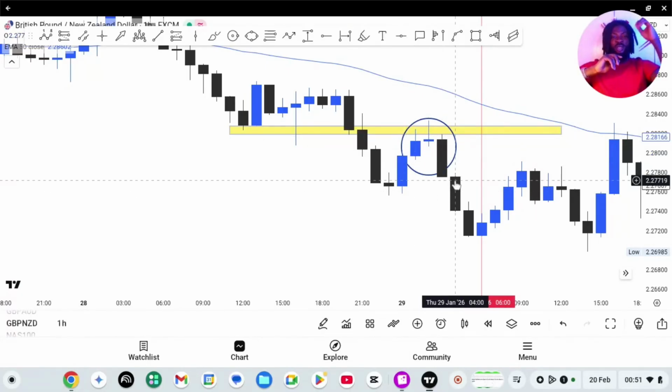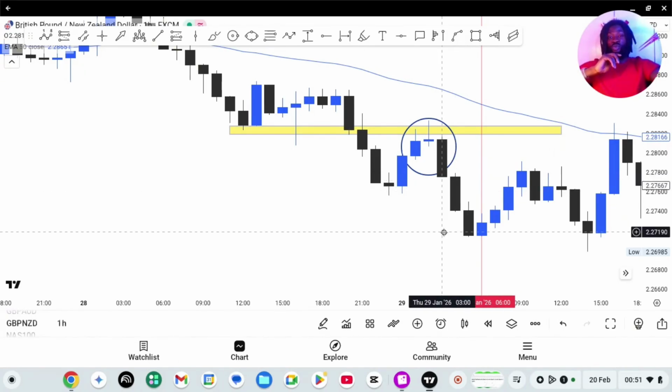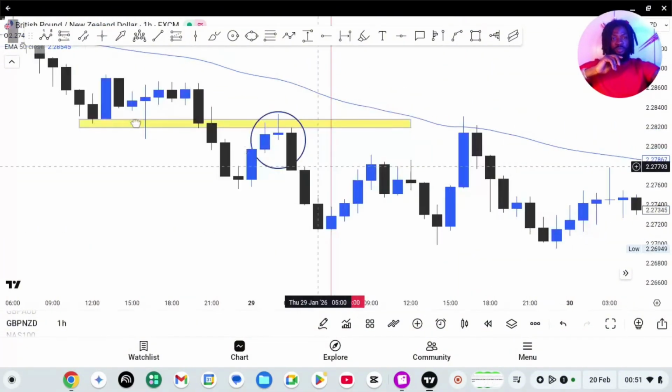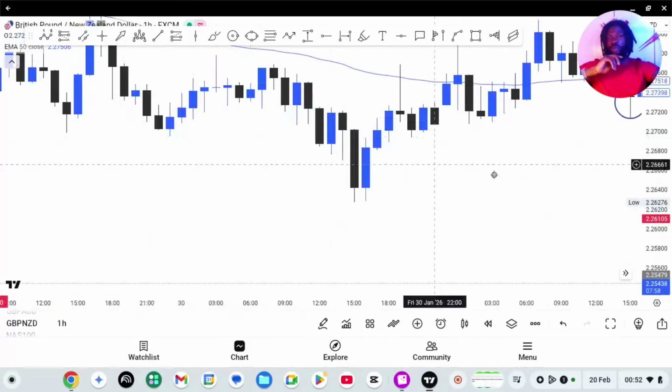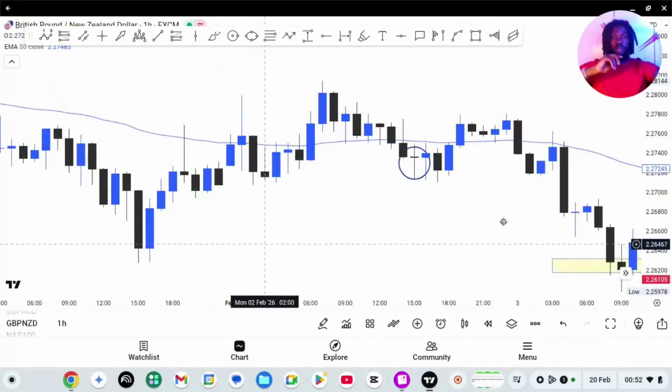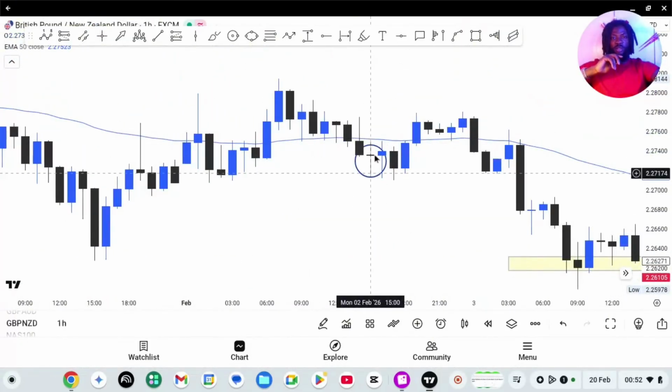Anytime you see this pattern at the right place, trust me, it's almost impossible for it not to work in your favor if it's used the right way. So that's just it. Just do your homework, backtest, and look at the doji and hammer.